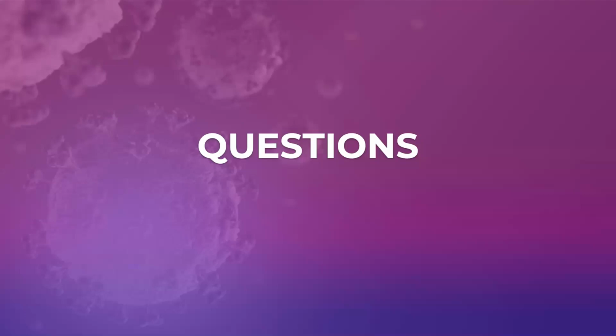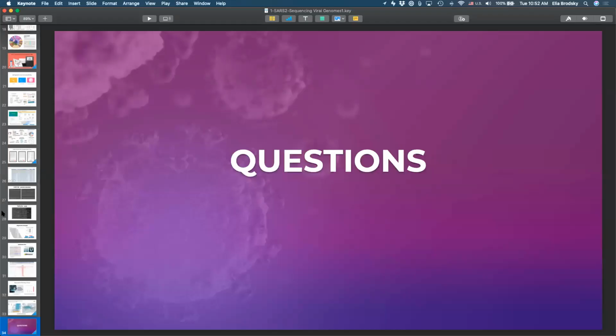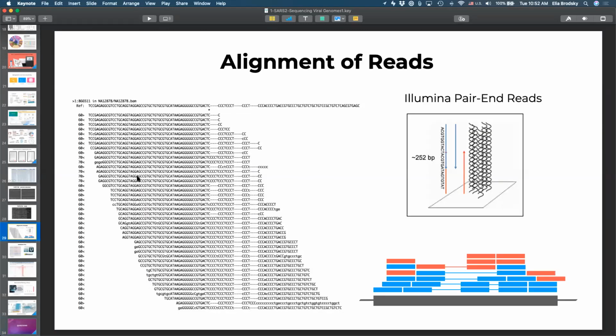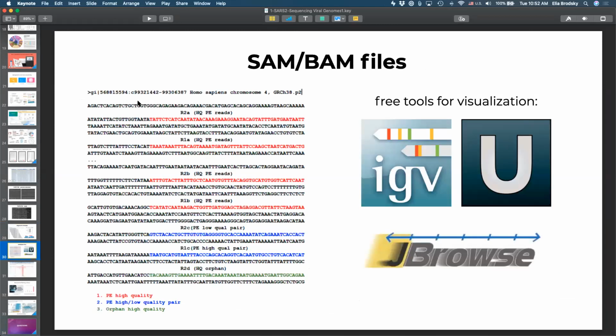Okay, what is a SAM or a BAM file? So as we mentioned before, this is an example of a SAM or a BAM file, just so that you have a visual. And this is an actual BAM file. You can see that this is a number of reads aligned to a portion of the reference genome. And eventually it will look like this.